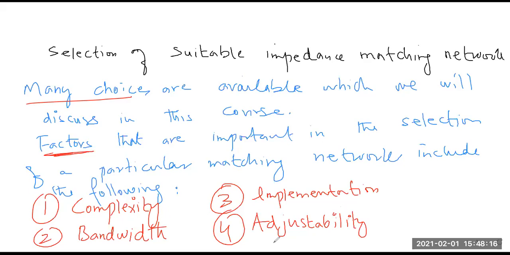Okay, your load is continuously changing. It is not a fixed load. Whenever you are dealing with such a situation, you need to select an impedance matching circuit which is also adjustable. Some impedance matching circuits are not adjustable, and some are adjustable.